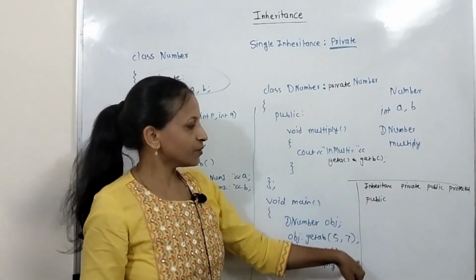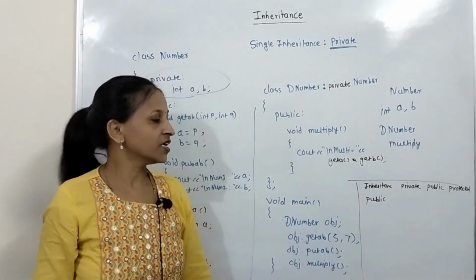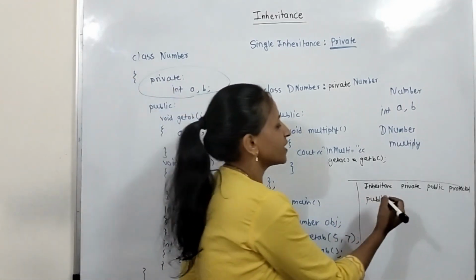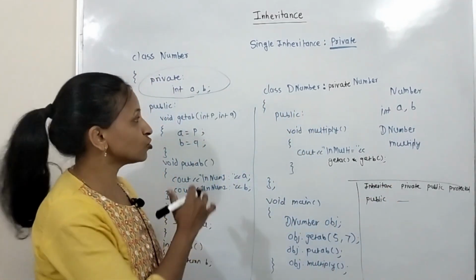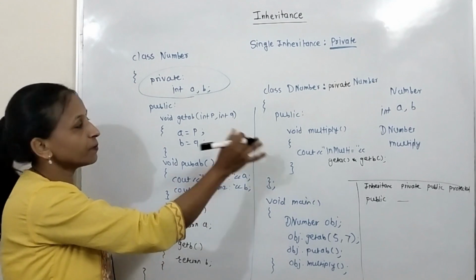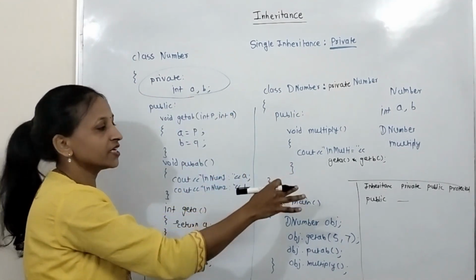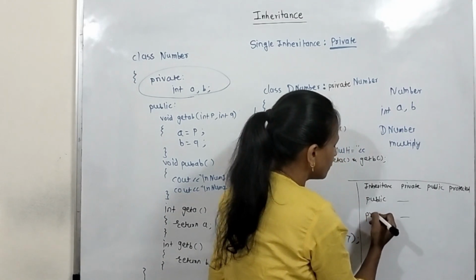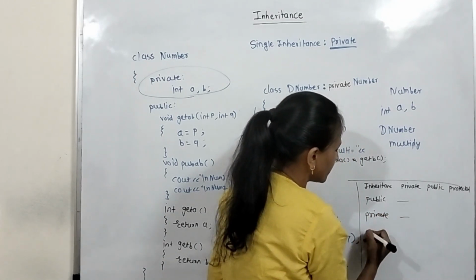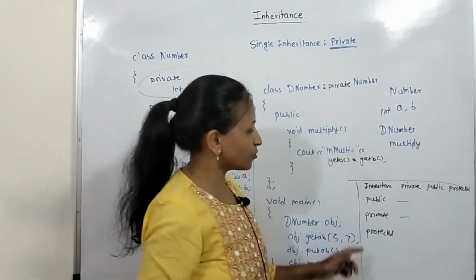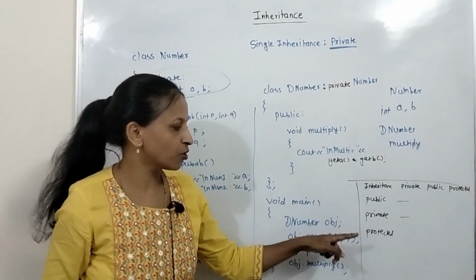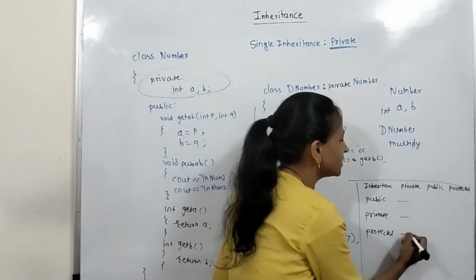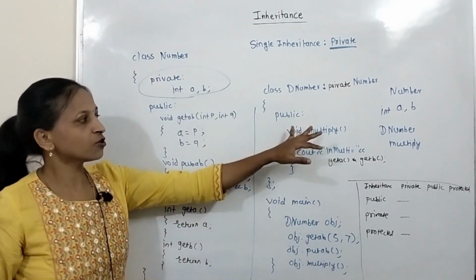And if the visibility mode we have mentioned is public, then private is not accessible, it is not possible, meaning not inheriting. Private members are never inherited in any case. It may be public, private or protected. Whatever visibility mode you have mentioned, in all these cases private members are not inheritable.